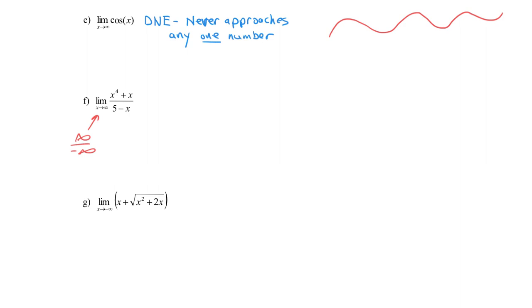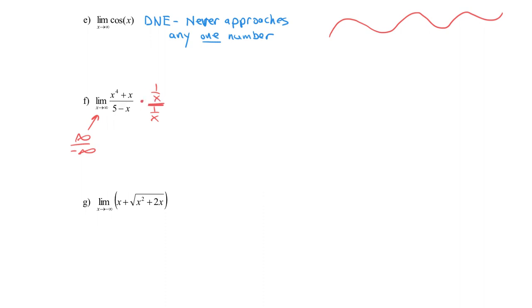And again, with this one, signs don't matter. It's infinity divided by infinity. So we have a go-to method where we divide the numerator and the denominator by the highest power of x in the denominator, which is just x. The way we signify that is we multiply by 1 in the form of 1 over x over 1 over x.